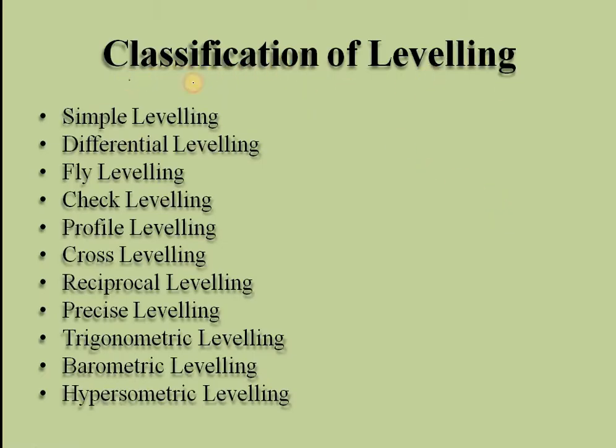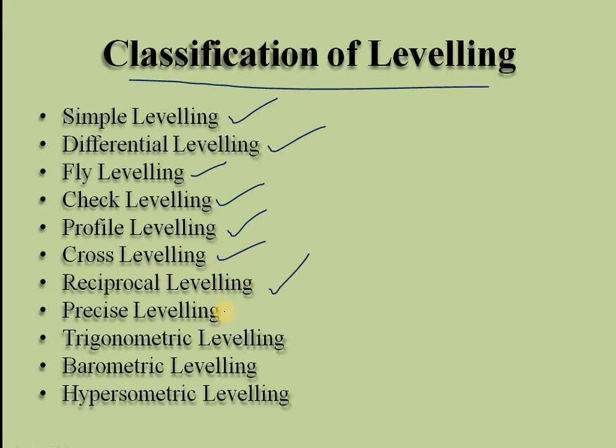We have simple leveling, differential leveling, fly leveling, check leveling, profile leveling, cross leveling, reciprocal leveling, precise leveling, trigonometric leveling, barometric leveling, and hypsometric leveling. So totally we have all these classifications of leveling.